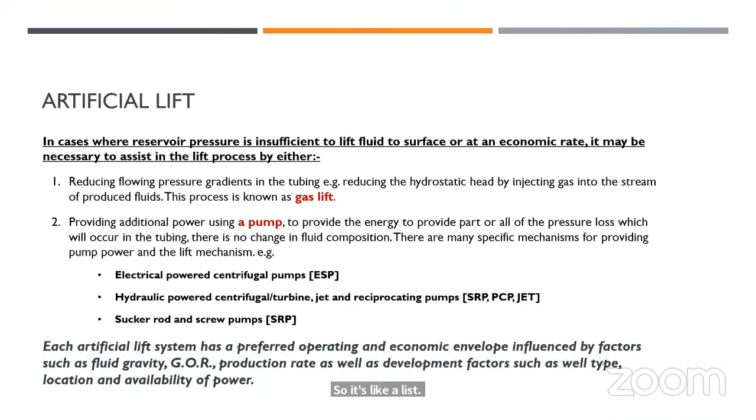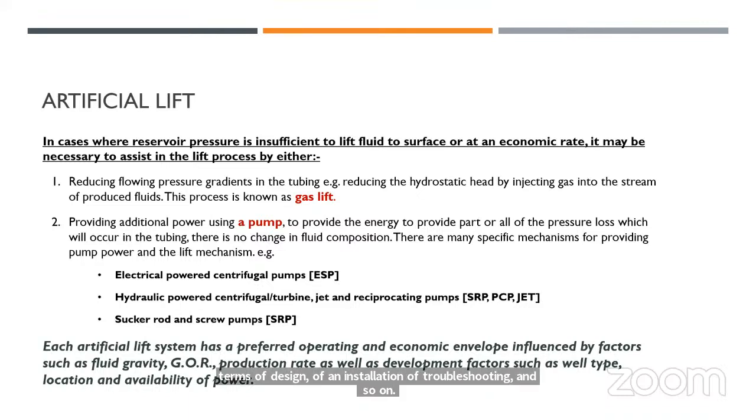We need to reduce the pressure losses that occur in the VLP, during the flowing up to the surface, through a gas lift valve. Gas lift technology is a big area of study in terms of design, installation, troubleshooting and so on. But basically, this is the idea behind it.